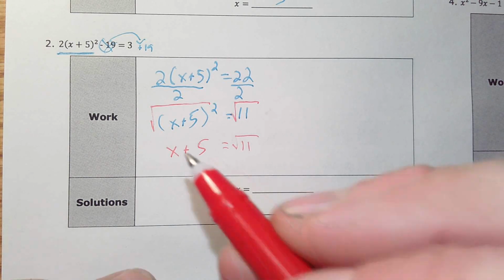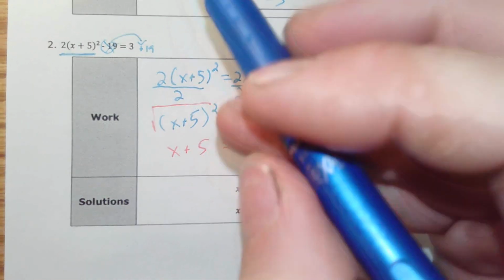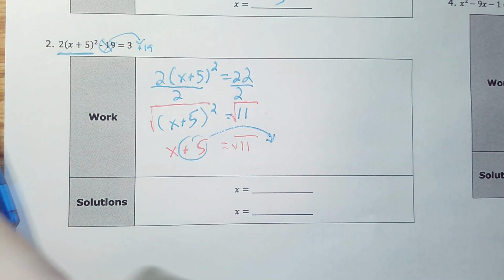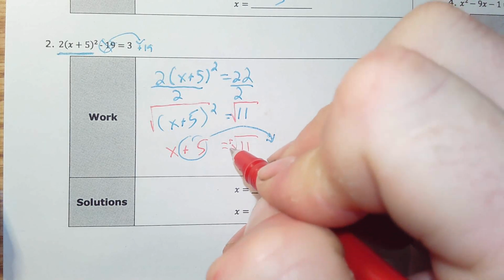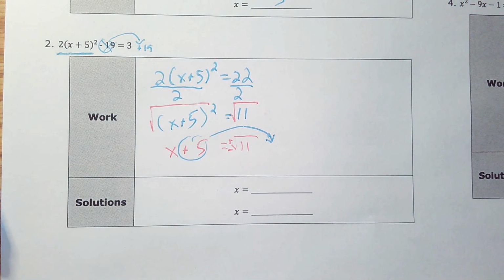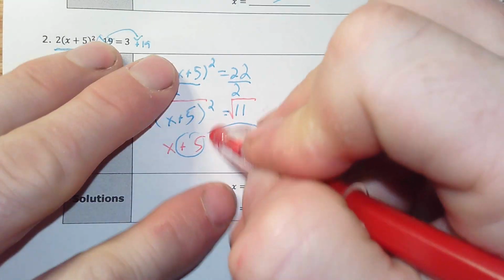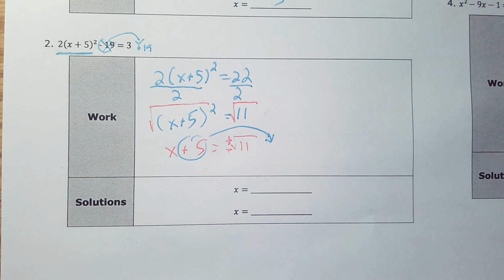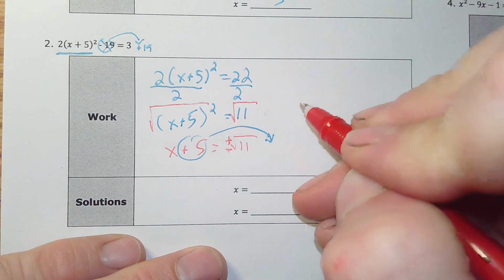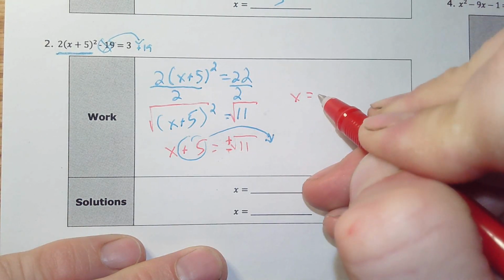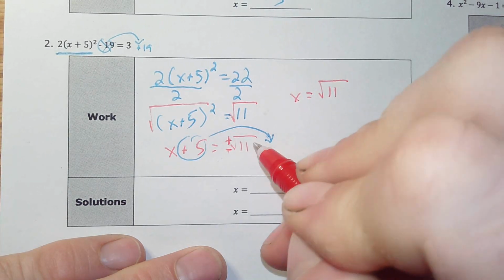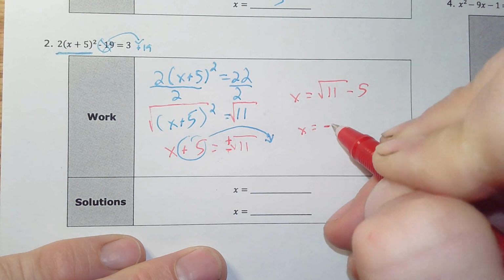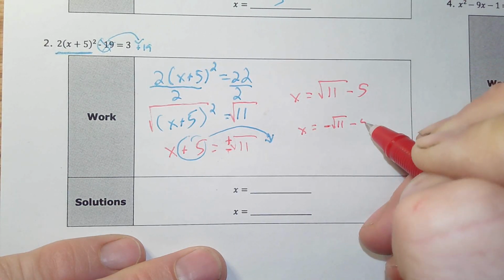So now I just need to move this to the other side. Oops, I almost forgot. When I take the square root of something, it's plus or minus the square root of 11. Almost forgot to do that. All right, so it's plus the square root of 11 and minus the square root of 11. Moving the 5 to the other side, I get x equals the square root of 11 minus 5, and x equals negative square root 11 minus 5.